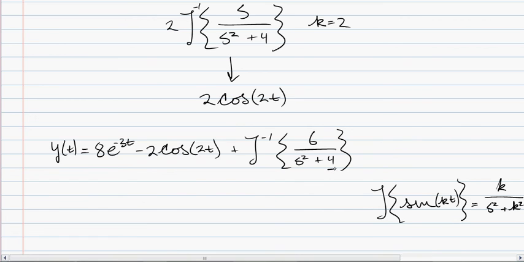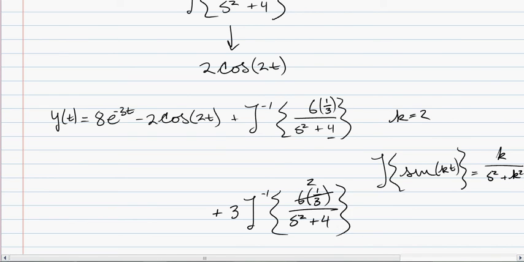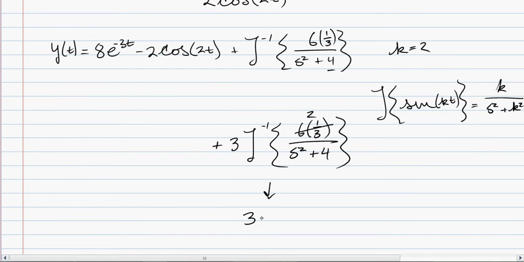But we can see that our k squared is equal to 4, so our k is equal to 2. But we've got a 6 on top, so we're just gonna divide this by 3 in order to make this 2. But in order to do that, we're gonna have to multiply by 3 on the outside. So doing that, we end up with 6 times 1/3, but that's just equal to 2, over s squared plus 4. And this is going to give us 3 sine of 2t.